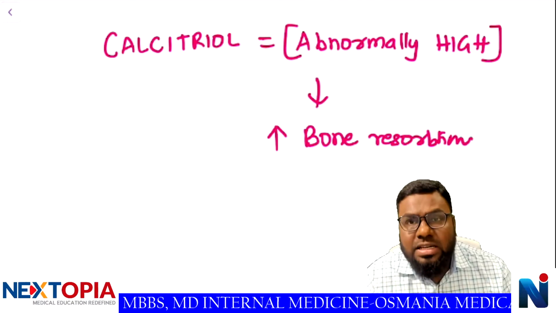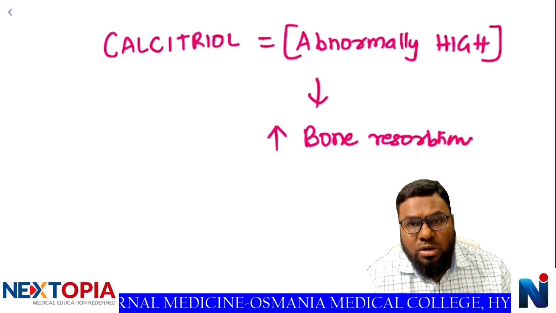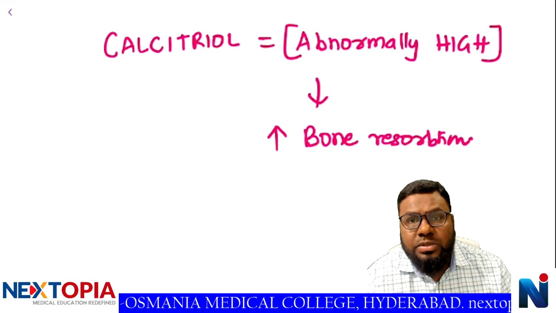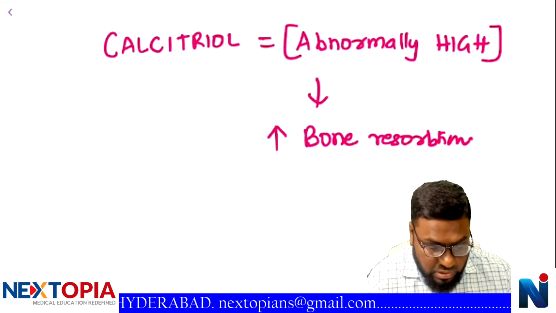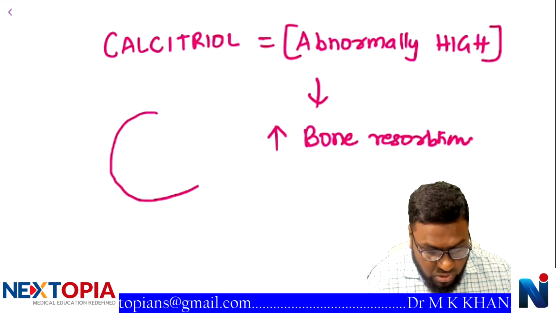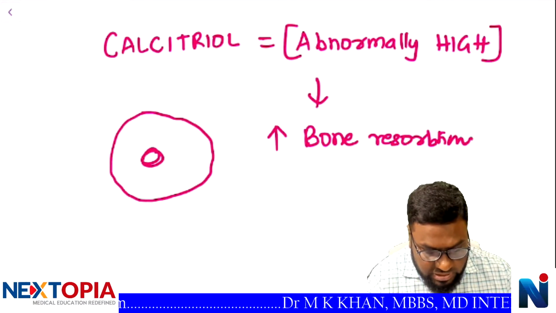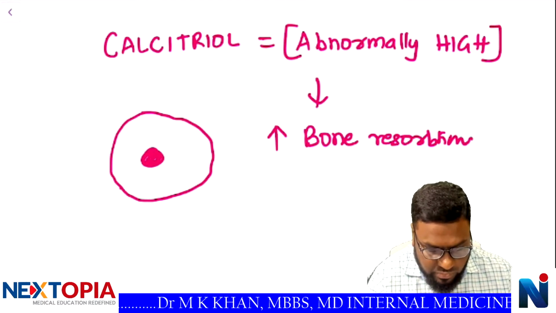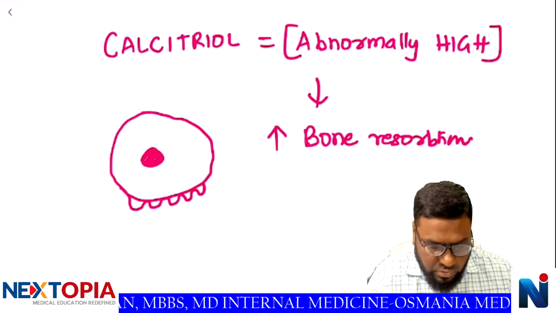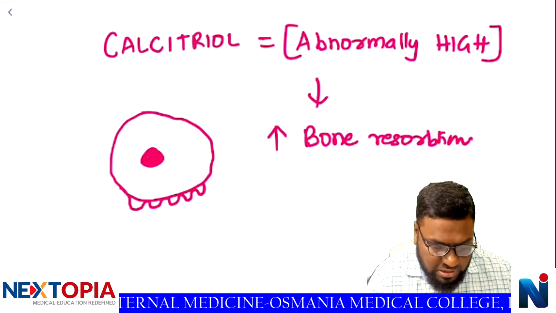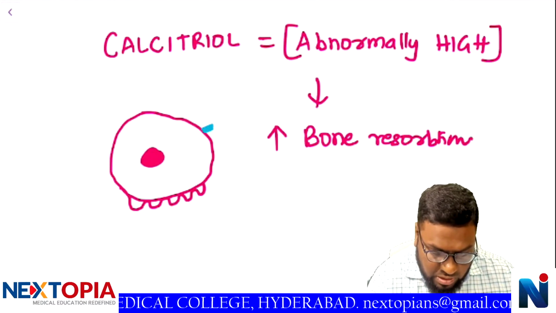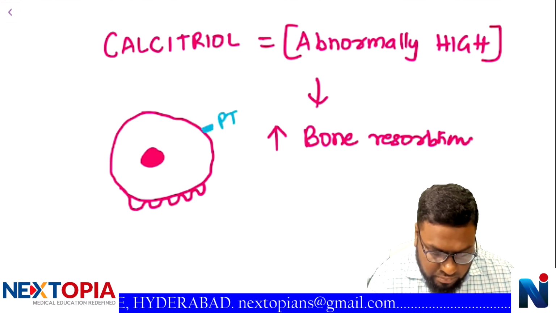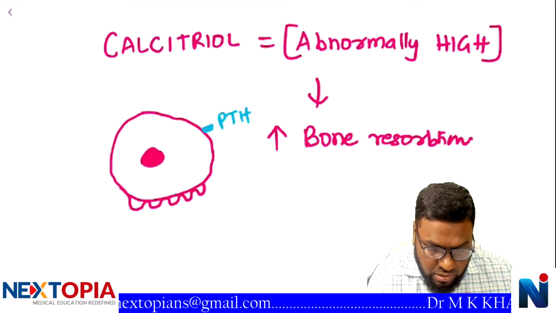Please remember, osteoblasts have receptors for parathormone. The nuclear membrane of the osteoblast has receptors for calcitriol, because calcitriol is a lipid soluble hormone, is it not? If this is the osteoblast and this is its nucleus, the receptors of parathormone are outside because it's a protein hormone.